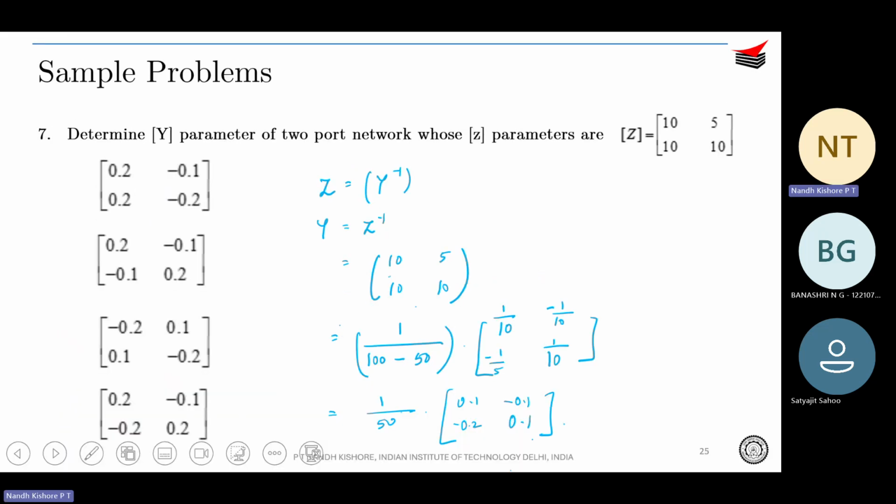Sir, can we not use the scientific calculator directly to find the inverse of Z and then mark the answer, sir? Yeah, you can very well do that. Yes, sir.